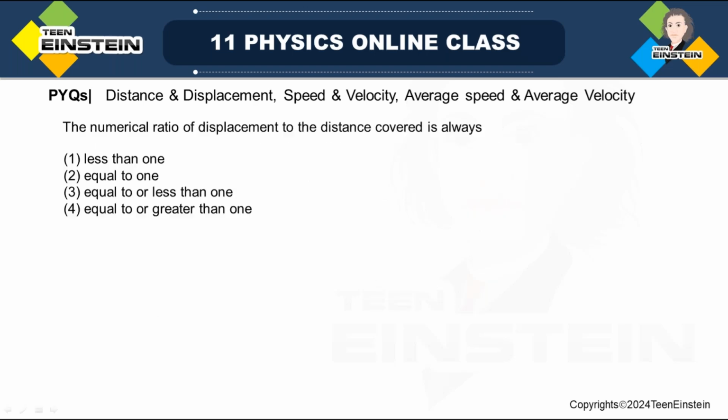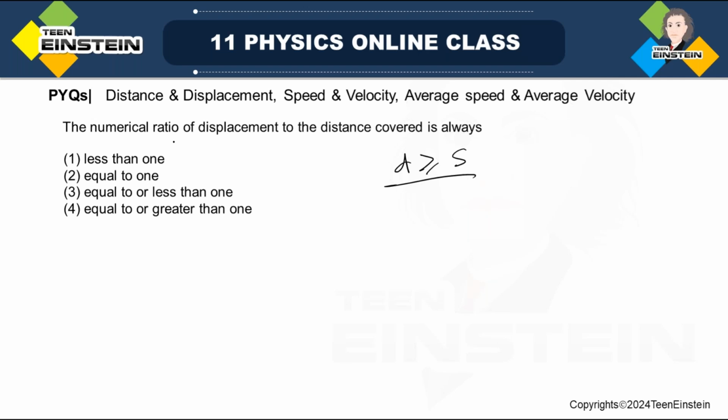Okay, let us go to the next problem. The numerical ratio of displacement to the distance covered always. See, distance will always be greater than or equal to displacement. This is the relation.